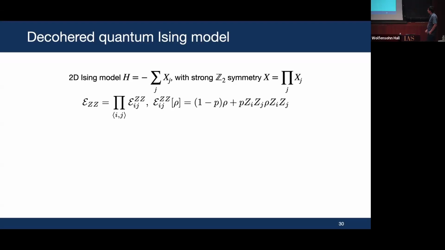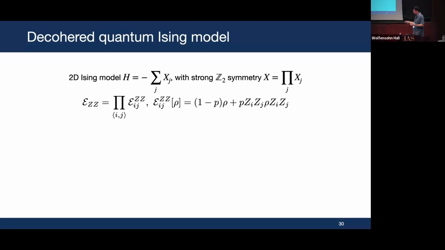Now we subject this system to a quantum channel. What this quantum channel does is to essentially create a pair of charges on neighboring sites with some probability. This is an expression of that quantum channel, and it's parameterized by a parameter p that tells you the probability of creating two Z2 charges, flipping two spins on neighboring sites.